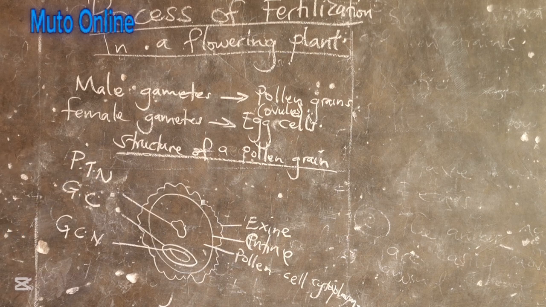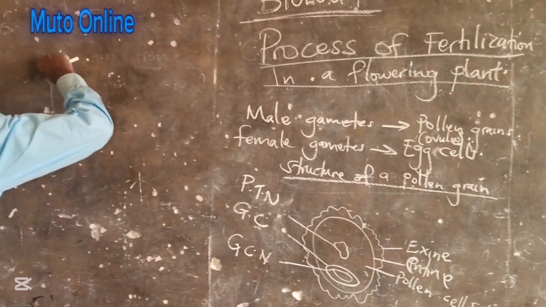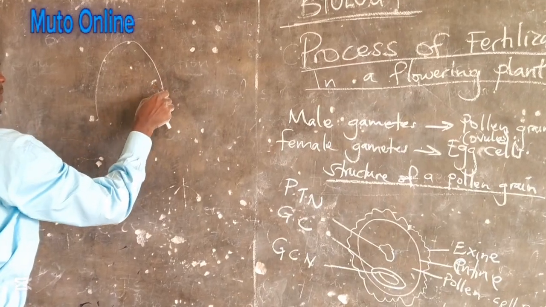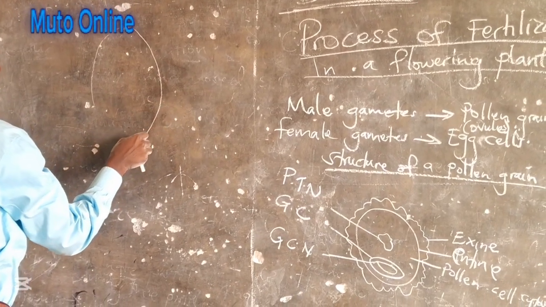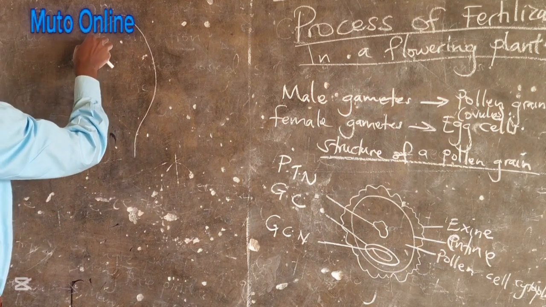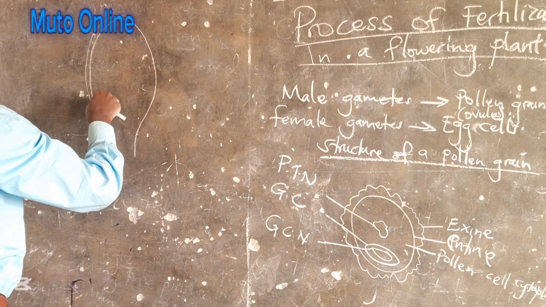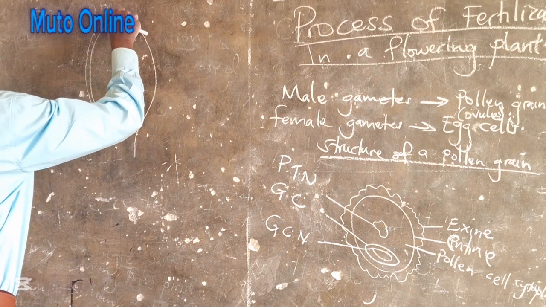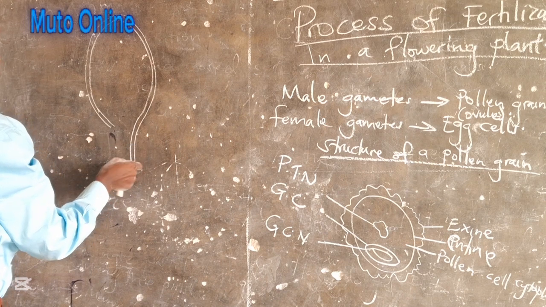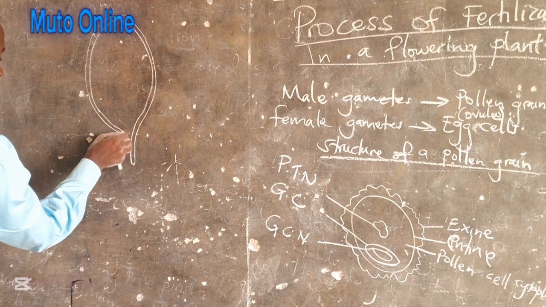The structure of an ovule is made up of outer membranes we call integuments. The outer membrane is double layered, with a small opening down here, and a short stalk that attaches it to the wall of the ovary.